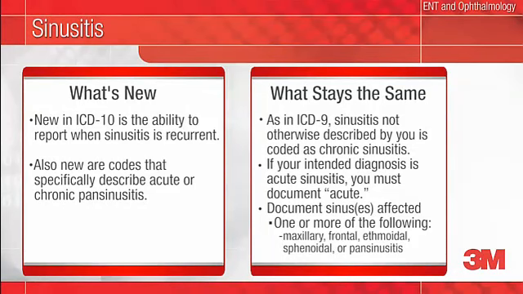So if your intended diagnosis is acute sinusitis, you must document acute. You should also document the specific sinus or sinuses affected because unique codes are reported for maxillary, frontal, ethmoidal, and sphenoidal. As previously mentioned, when your diagnosis is acute or chronic pansinusitis, a code can be assigned that says exactly that.